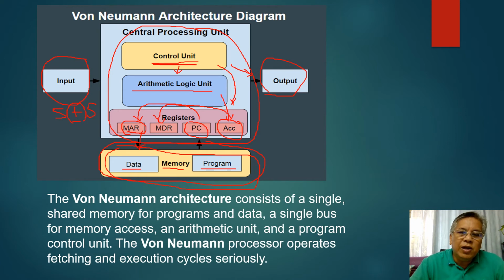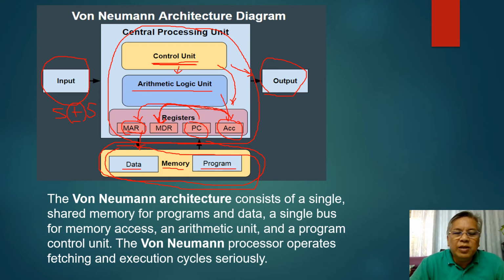So coming from your accumulator, the result of your arithmetic logic operation will be stored temporarily again in your accumulator. The accumulator will then transfer that into your memory data register, or the accumulator will provide this data into your MDR or memory data register.